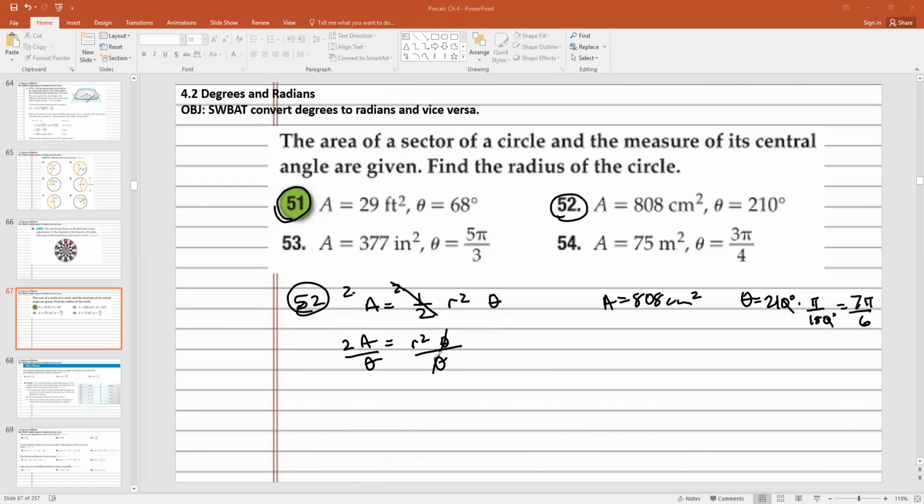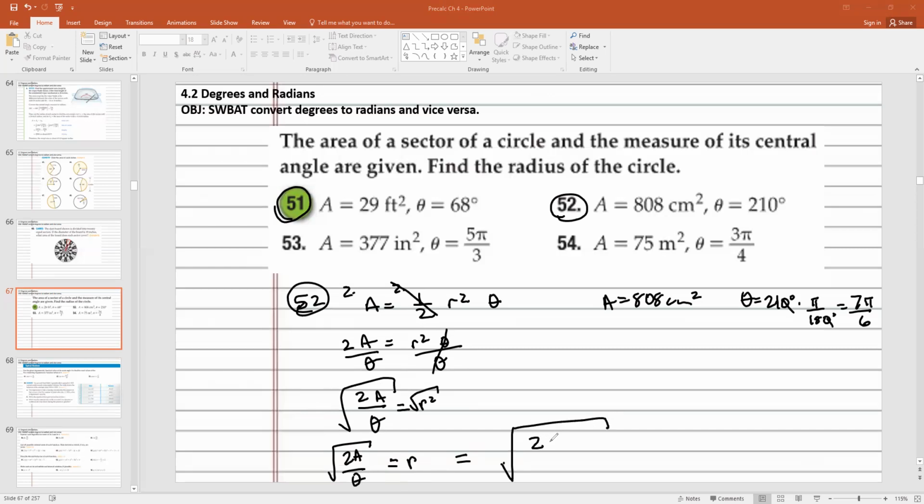Cancel that out. And then to get rid of the square root, it doesn't need to be plus or minus because you can't have a negative radius. So r is going to be equal to the square root of 2a over theta. That's all you got to do.